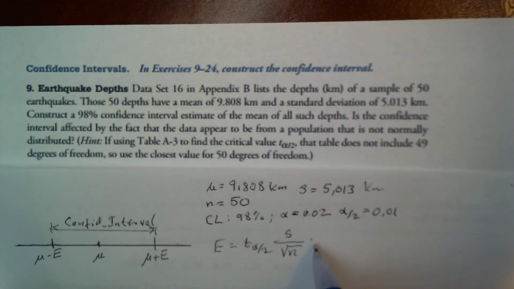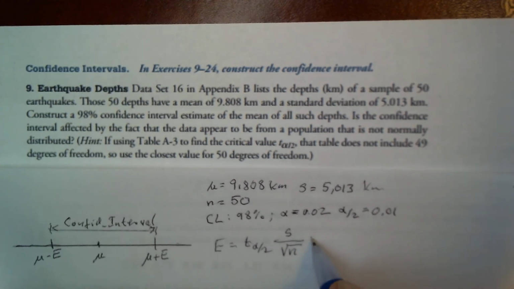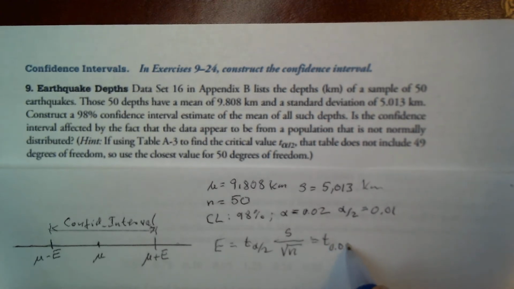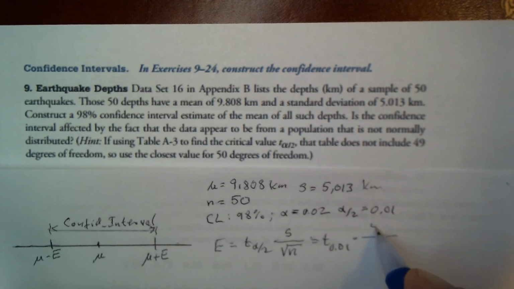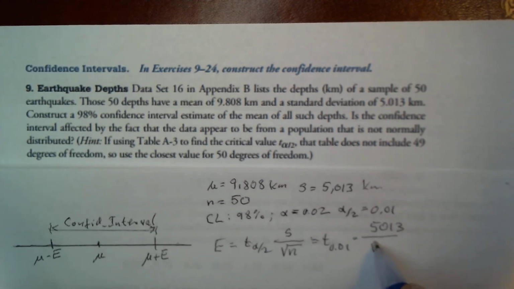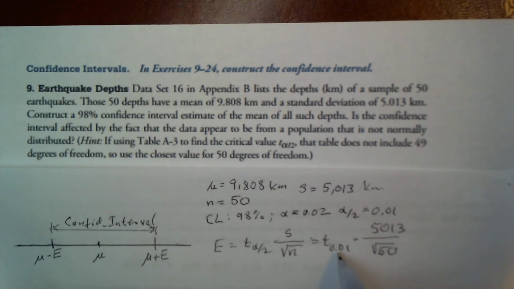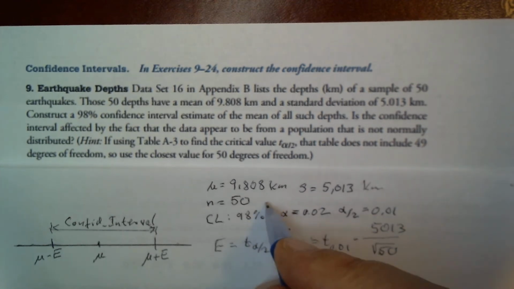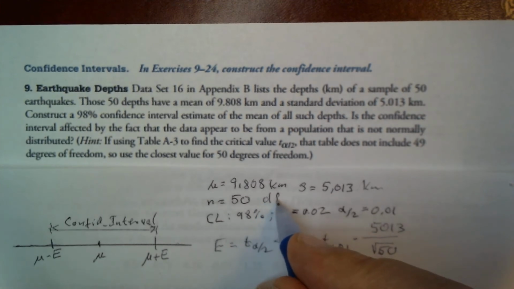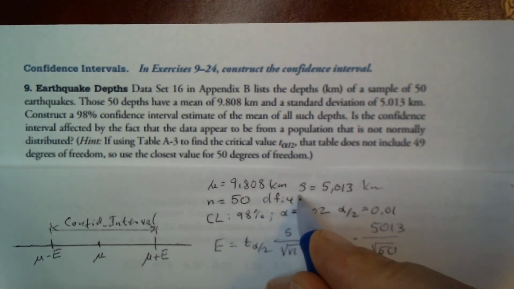So what is t sub alpha divided by 2? Well, it's t sub 0.01 times s, and s was 5.013, and n is equal to 50. And now we just need to find out what t sub 0.01 is for the degrees of freedom. Since n is 50, the degrees of freedom is 49.